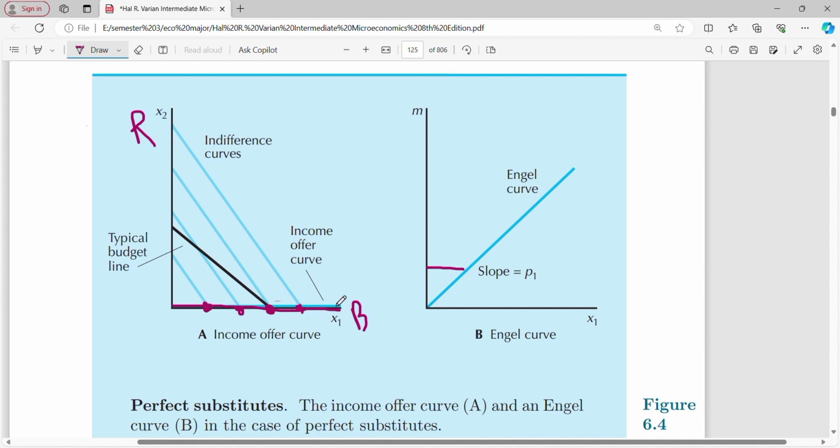So when his money is this much, he demands this much, and when his income reaches this part, his demand also increases. This simply notes that his demand is increasing with the increased money. Just mark it here. So that is what perfect substitutes are.